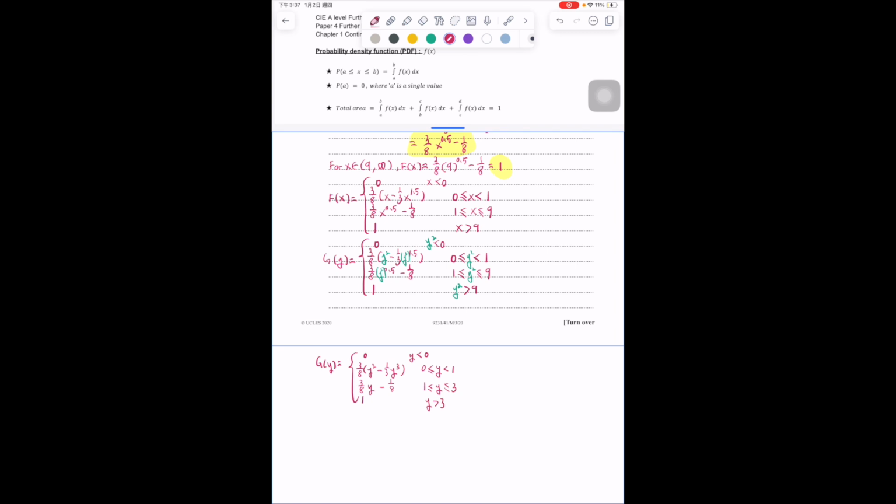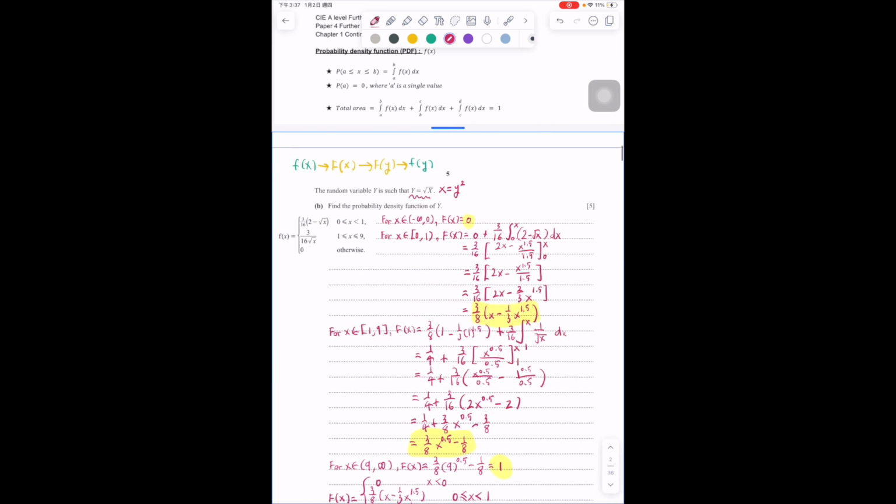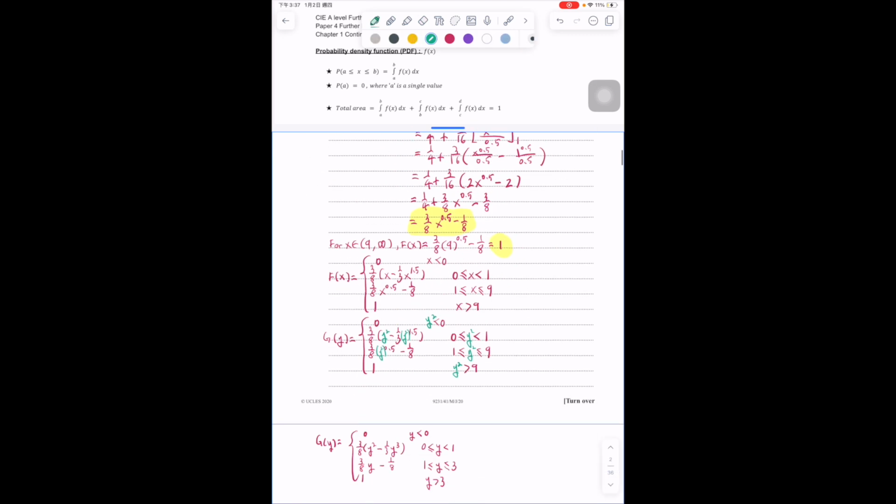Okay, so here we finish our CDF of y, which we write as a g, and for the last part, of course, we can change it as gy.